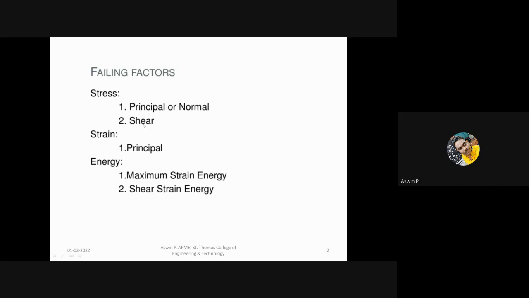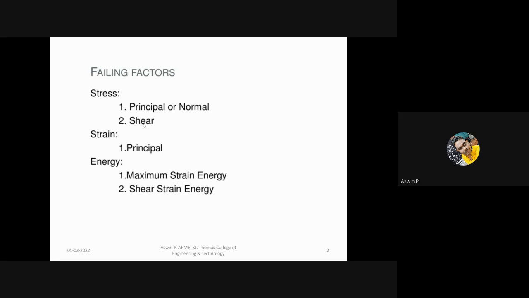And we have strain also. Normally strain is taken as epsilon, that is principal strain. That also may be a reason for failure of the shaft or other components. And we have energy failure also, stress, strain as well as energy failure.